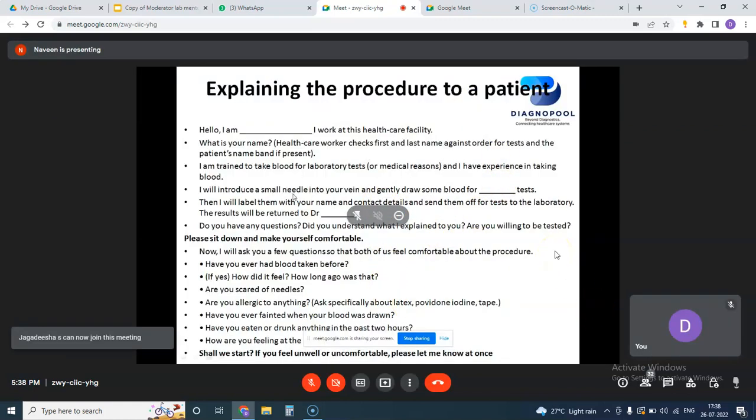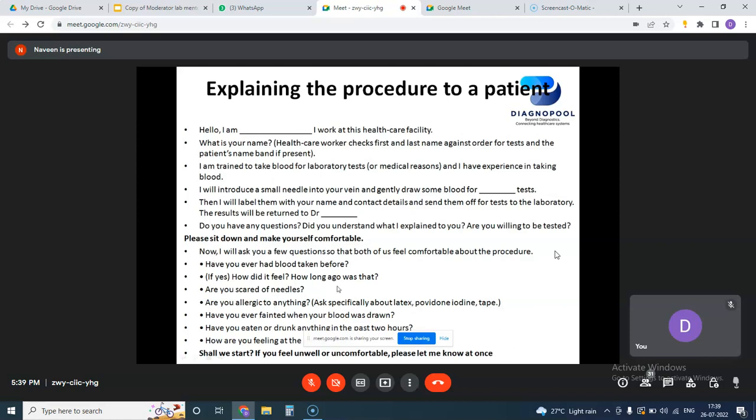And you should tell him that you will be drawing the blood, introducing the needle, and ask him if he has understood it. If he has not understood, you can tell him in his own language. And then you should ask him about the previous encounters, whether there was any incident, whether he was comfortable the previous time when the blood was collected from him, or were there any incidents like fainting or anxiety, allergic episodes.